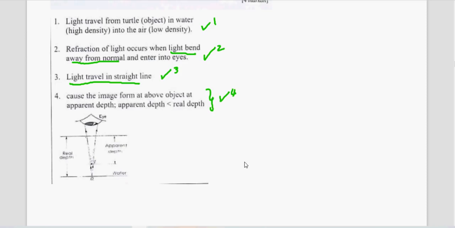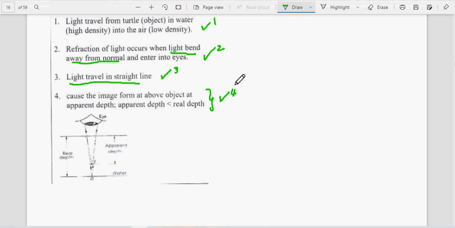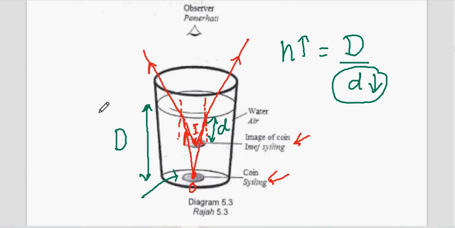So this is the diagram, similar to the Terengganu paper that we discussed just now. Look at this. The coin here is the turtle from just now, so you can write turtle.